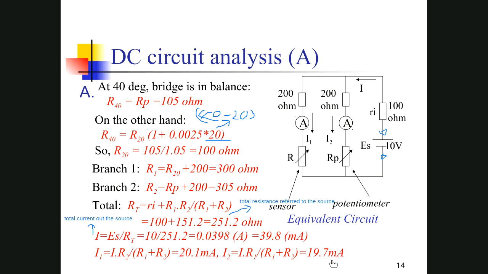Not limited to this one way, you can consider a loop circuit here and a loop circuit here. So you can have this loop circuit, and you also can have this loop circuit. You get two equations so that you can estimate the current distributions.